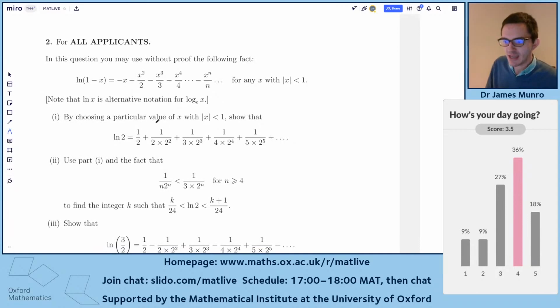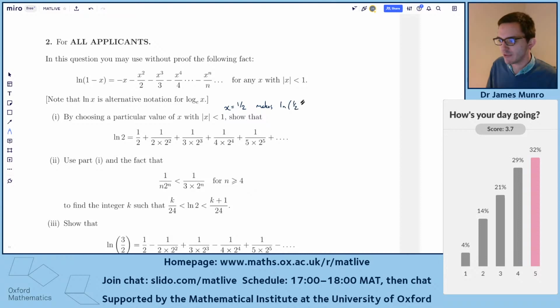Okay, so if you plug in x equals, I think 1/2 for this first part is a good idea because it makes log of 1/2 on the left-hand side. So that's a pretty good start. I'm putting in 1/2. Also on the right, I get all these powers of 1/2. So this would be 1/2, this would be 1/2 squared, 1/2 cubed, 1/2 to the 4. That's exactly what I want, except for all of these minus signs. There are so many minus signs.